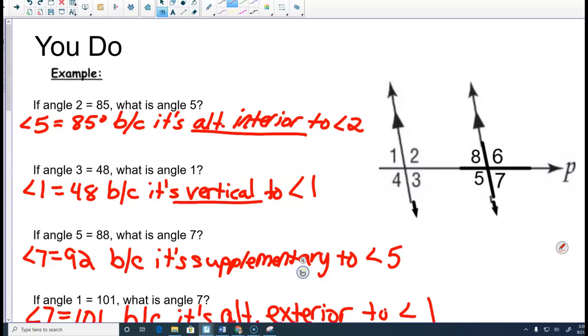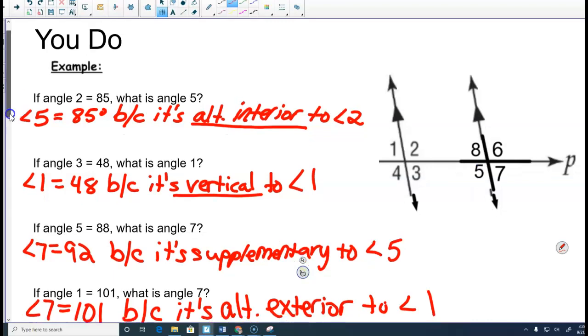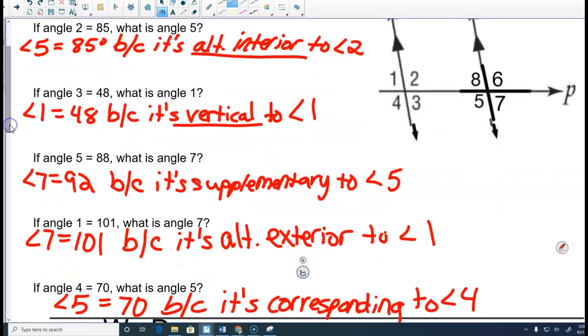So I got that angle 5 is actually an alternate interior angle to 2. So if you looked at 5 and 2, they're alternate interior, so you should know that they're the same. Then the next one, angle 3 and 1. 3 and 1 are actually vertical angles.